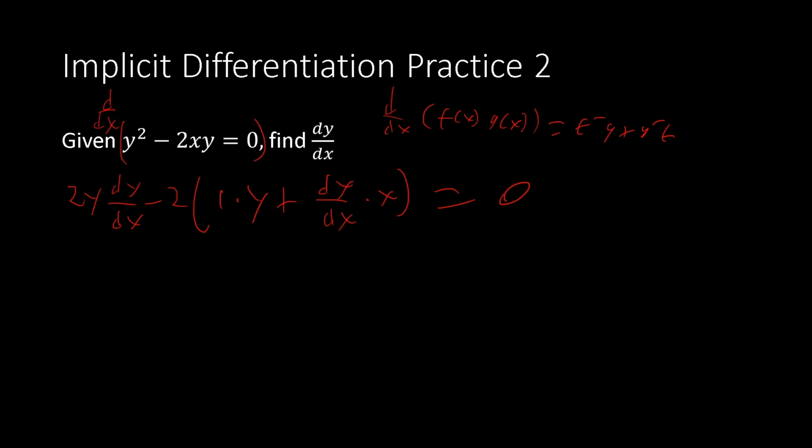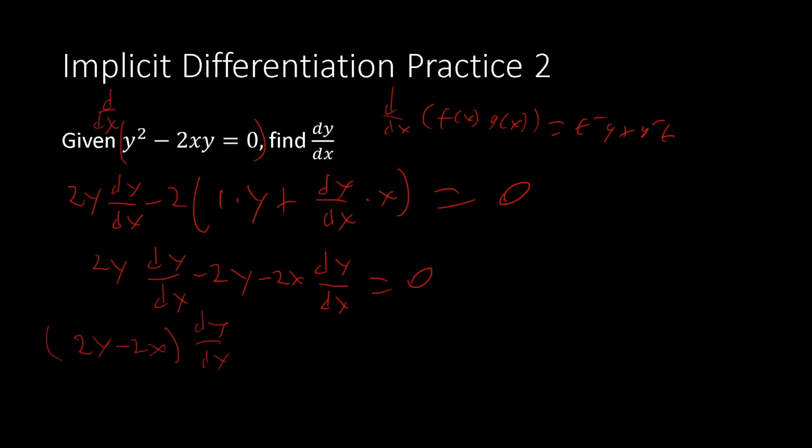Now we're going to multiply all this out. Now we're going to just move all the terms that don't have dy over dx over to this side. And I'm also going to go ahead and factor it just to make this quicker. So on the left side, we're going to have 2y minus 2x dy over dx. And we're going to move 2y over to the right side.